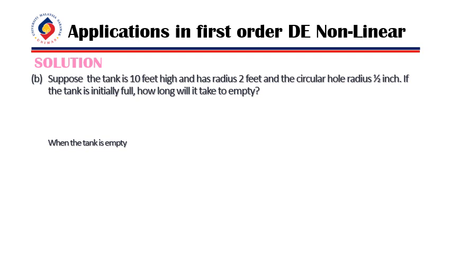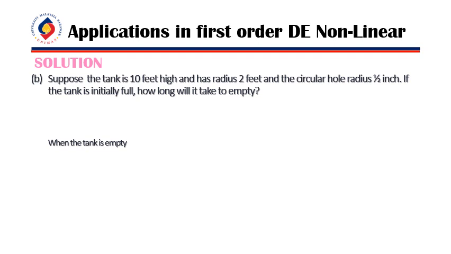Then you transfer this: here is 0, so you get 4 pi square root of 10 minus pi over 144 t, and you transfer it to the left-hand side to make t positive. Am I right?